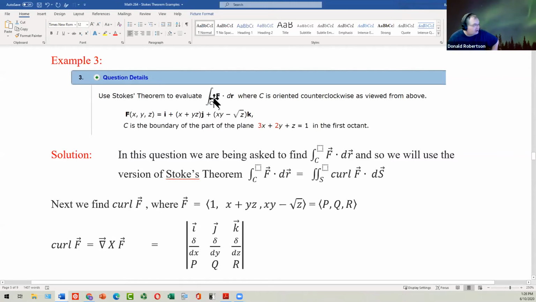Use Stokes' theorem to get the classic line integral. C is the usual go the right way. Here is your vector field. And C is the boundary of the parts of the plane 3x plus 2y plus z equals 1 in the first octant. Okay, you know how we have quadrants 1, 2, 3, 4 in 2D?